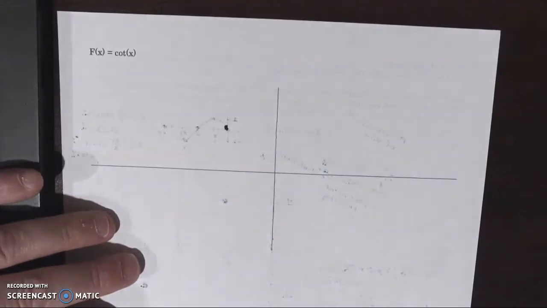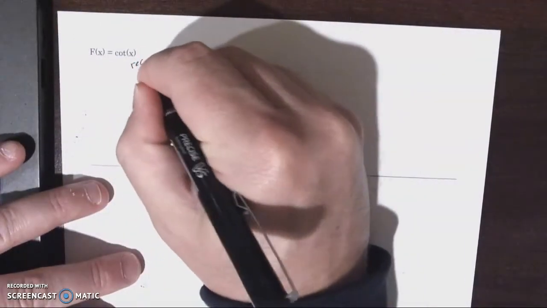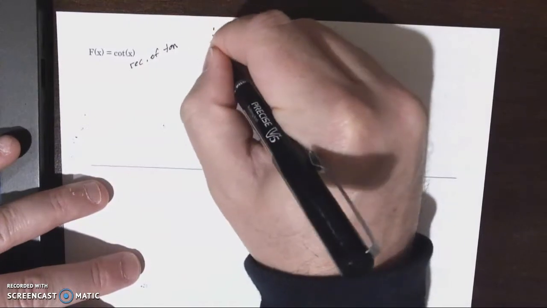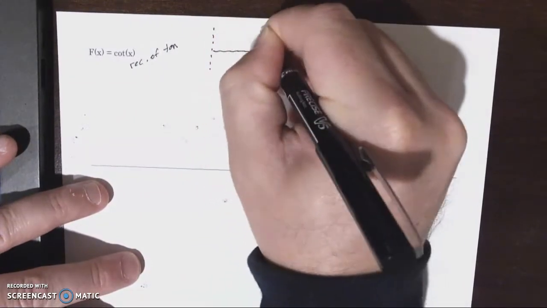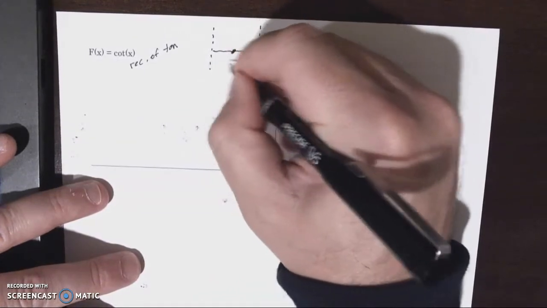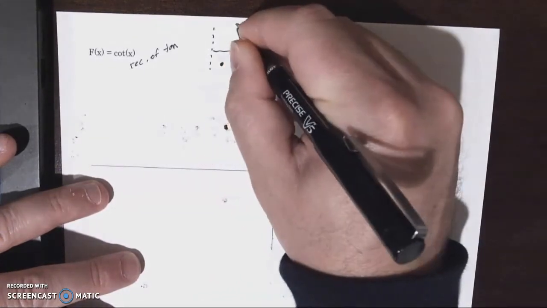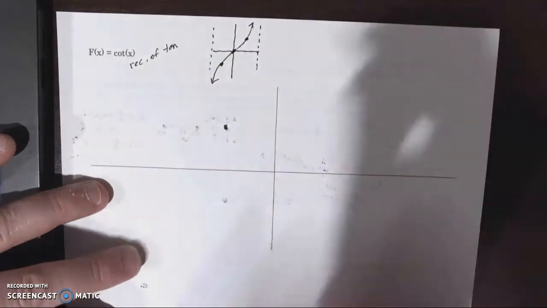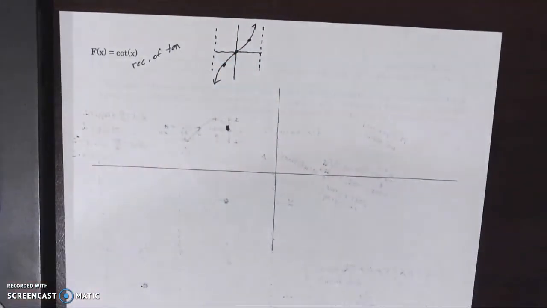And last but not least, cotangent is the reciprocal of tangent. Here is how tangent looks. Now let's think about how the cotangent graph would look.